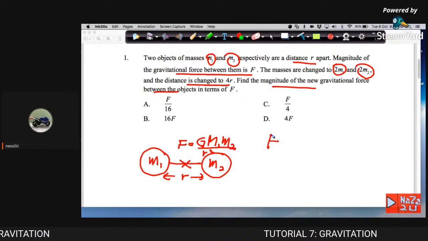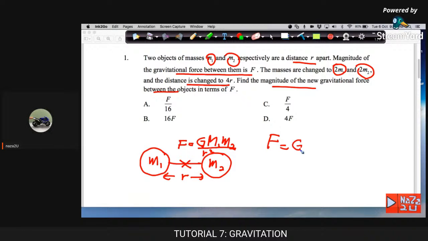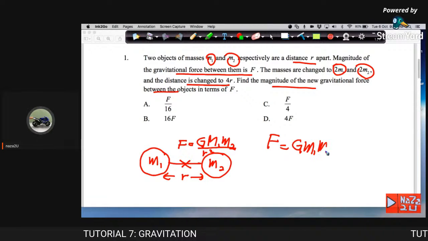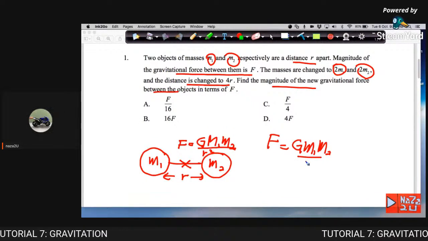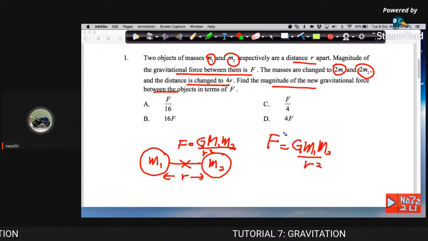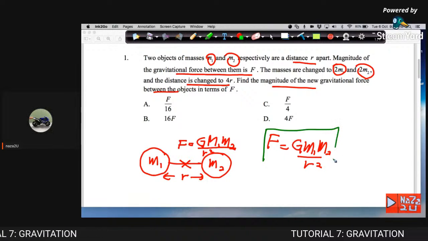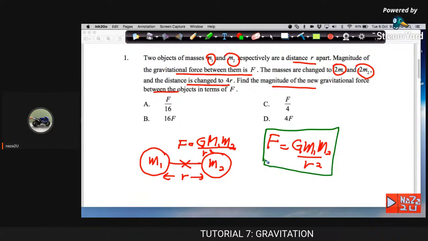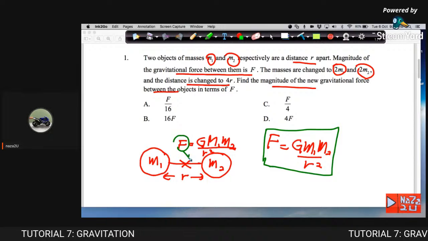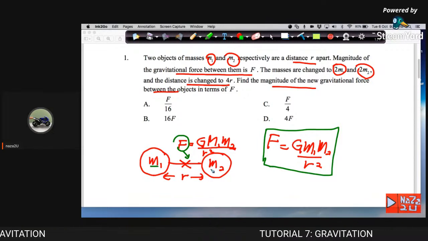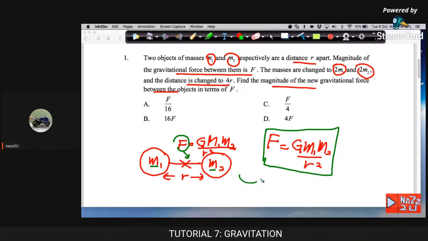Right? So F is equal to G m1 m2 over r square. Semalam kita dah belajar, jadi kalau kita ada dua jasad, sebenarnya jasad itu akan menarik di antara satu sama lain. Okay, so how to find the attractive force between the two objects? So you can use the equation here.